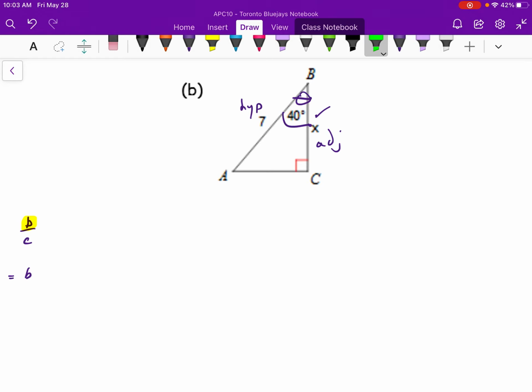Then I have to ask myself, what trigonometric ratio uses hypotenuse and adjacent? Well, that's cosine. Cosine theta is equal to the adjacent over the hypotenuse. If you notice what I'm doing, I'm actually writing out the trigonometric ratio. I'm not plugging in numbers immediately. So cosine 40 degrees is equal to x over 7.